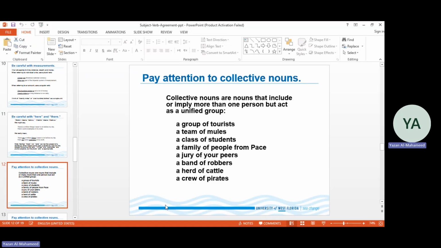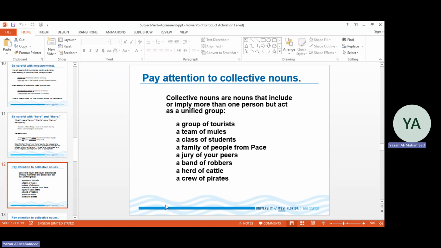Group is one of the most frequently used collective nouns. A team of mules, a class of students, a family of people, a jury of your peers, a band of robbers, a herd of cattle, a crew of pirates.